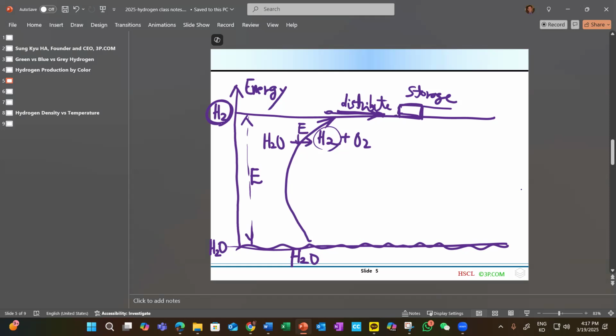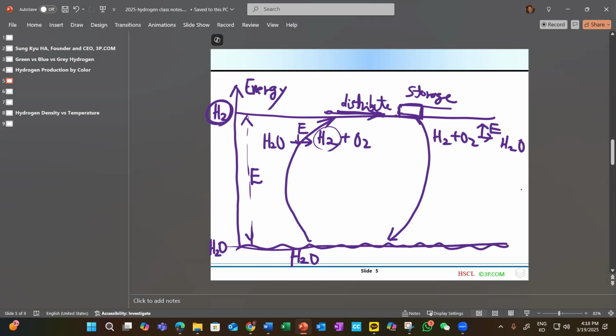Anyhow, whenever we have H2, we can use it to extract energy or electricity and then go down to water. So this is the H2 plus O2 becoming H2O. So in here, of course, we got the energy out.